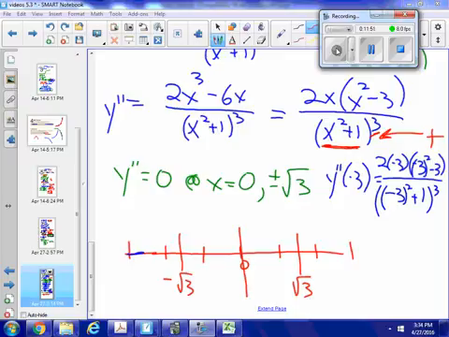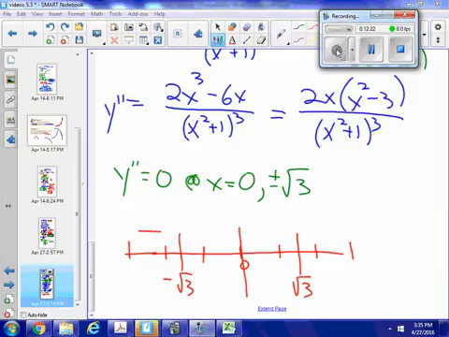So I know that I'm going to have a positive in my denominator, and in my numerator, this is going to be a negative, and this part right here is going to be a positive. So negative times a positive is a negative. So this interval over here is going to be a negative.